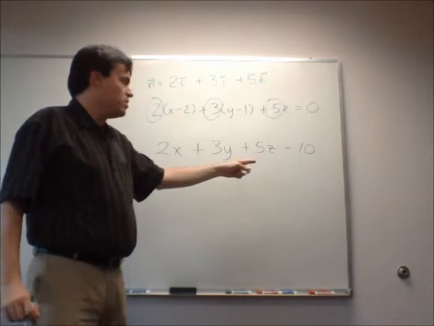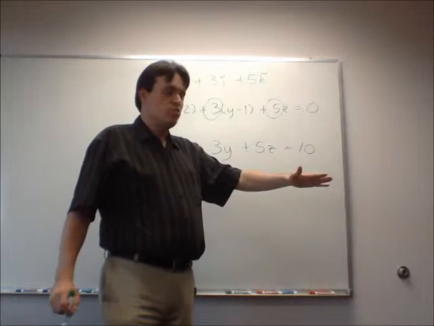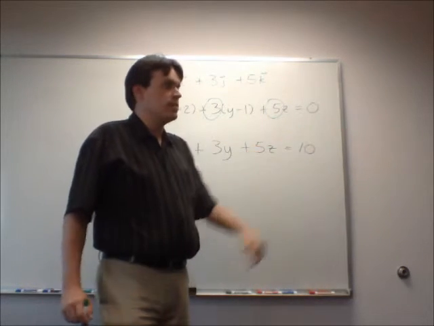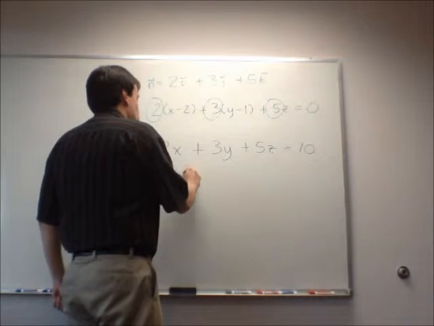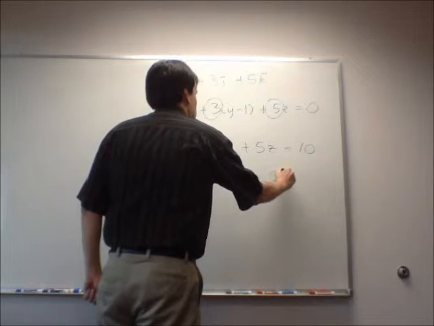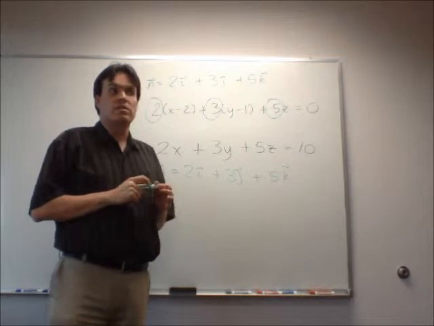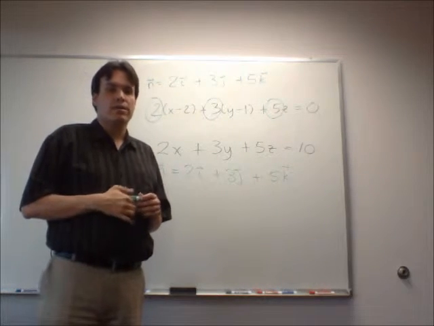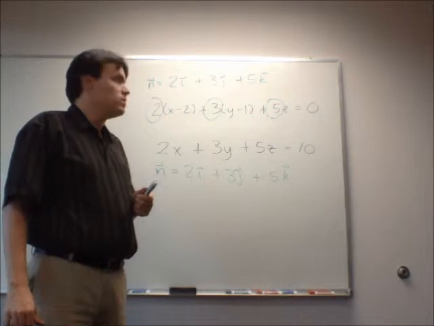This plane is going to be parallel to that. This 10 here simply means that the plane might be situated somewhere a bit different but going in the same direction. So both of these are going to have the normal vector 2i + 3j + 5k. So I have two planes with the same normal vector, meaning they could potentially be parallel. But we don't know that yet because it is still possible they are the same plane.